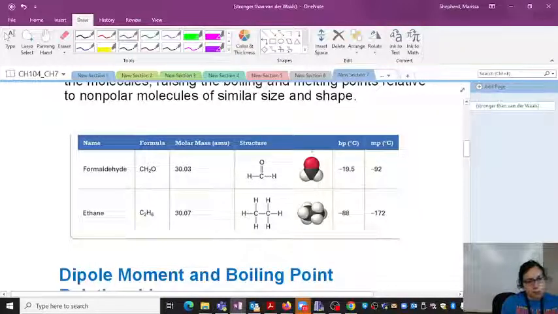And so you can see the formaldehyde has a relatively much higher boiling point than our ethane, simply because of that dipole moment. And of course, ethane would be nonpolar, so it only has the van der Waals forces.